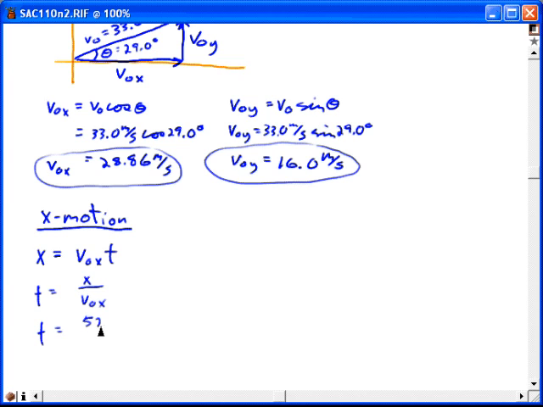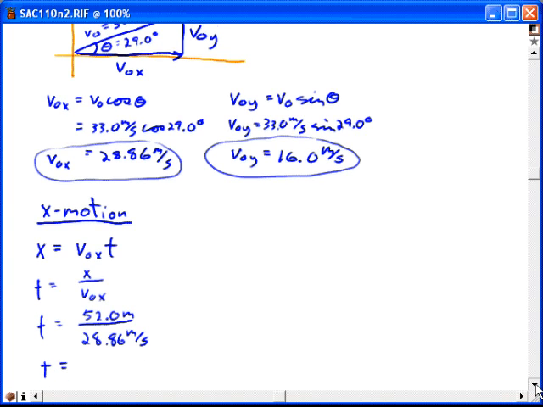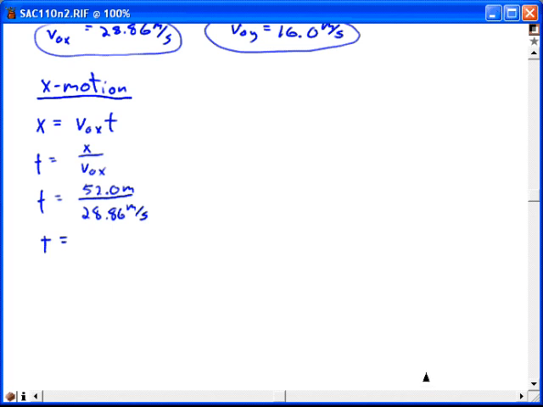It's 52.0 meters divided by what we found for V0x, 28.86 meters per second. That's how fast it's moving rightward, or toward the wall, in our diagram. And that yields a time of 1.802 seconds, again one too many sig figs.